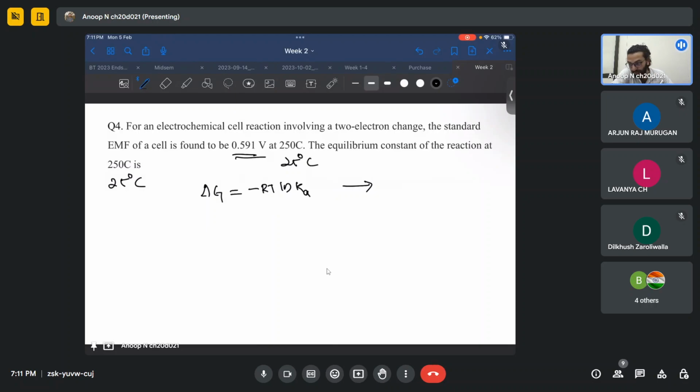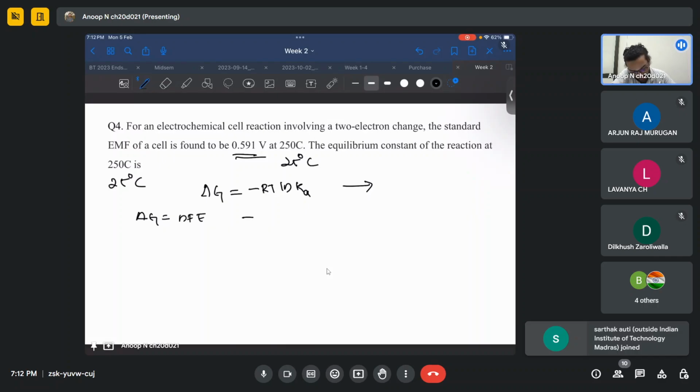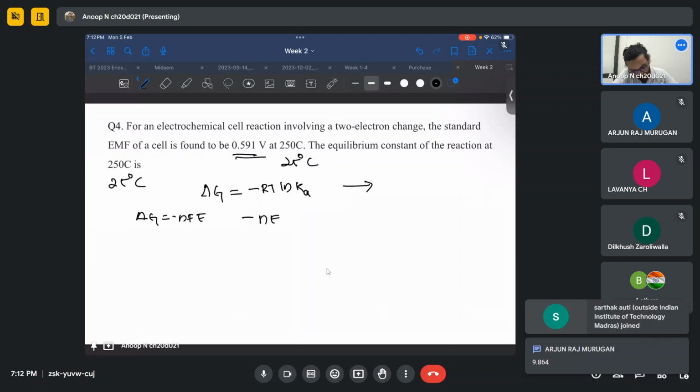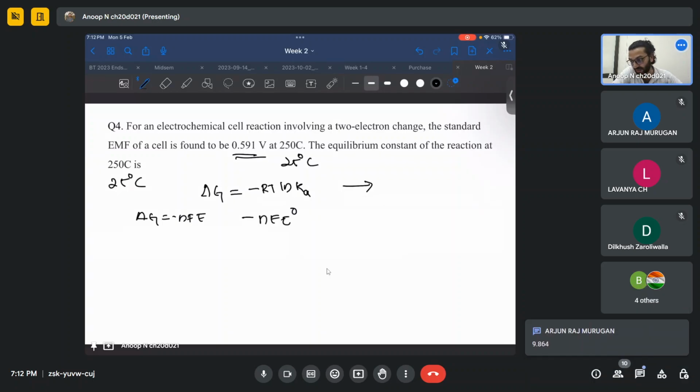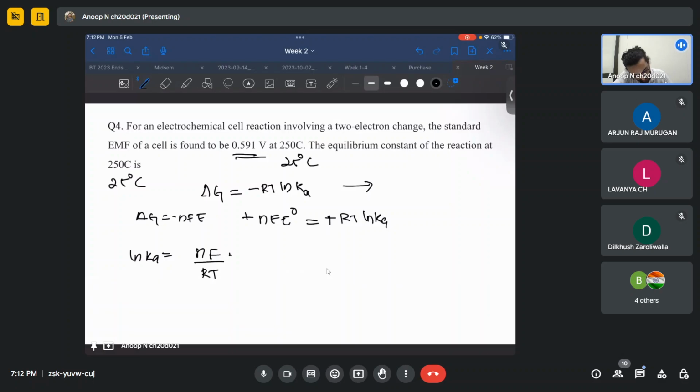So it's straightforward. Delta G is equal to minus nFE0. Oh, you have missed some part. There is a huge order of magnitude difference. nFE0 is equal to minus RT ln Ka. So ln Ka is equal to nF by RT into E0.